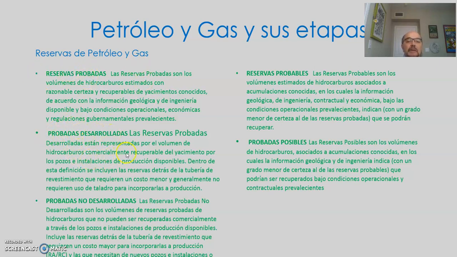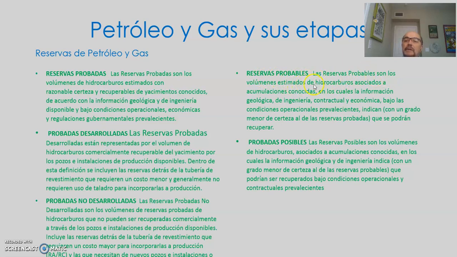Then developed reserves are those reserves that are there and that can be developed, but they don't need a rig to produce them. Undeveloped reserves are because we know they're there, but we haven't drilled wells to confirm that they are there. So we need wells. And then we have what they call the probable reserves.